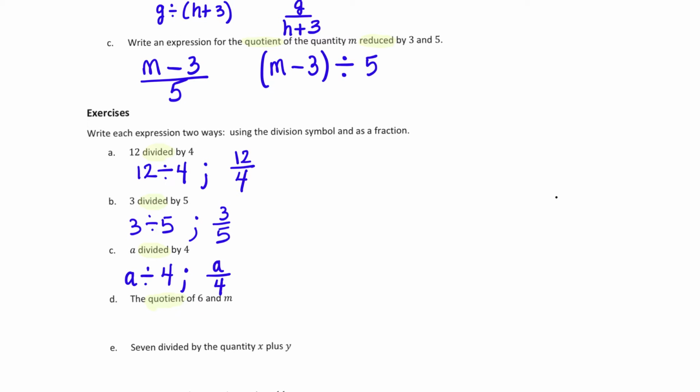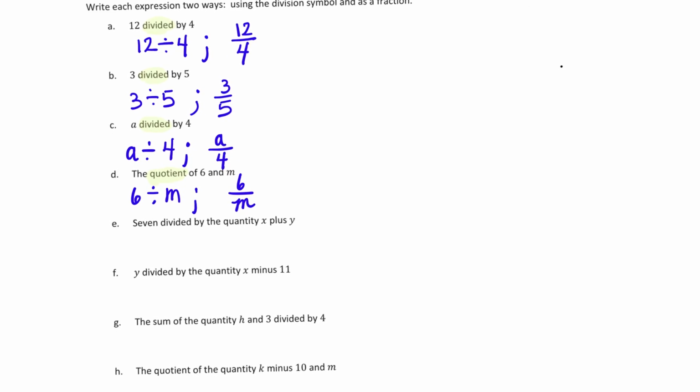So pay attention to the way that it is written or expressed. The quotient of 6 and m. Pretty soon we're going to be combining expressions with multiple operations, meaning you have division and subtraction, or division and addition like we did on top.